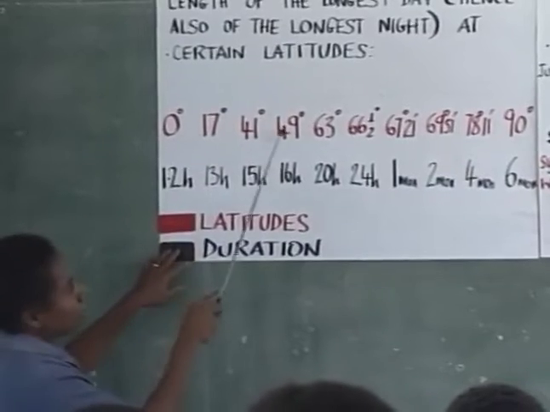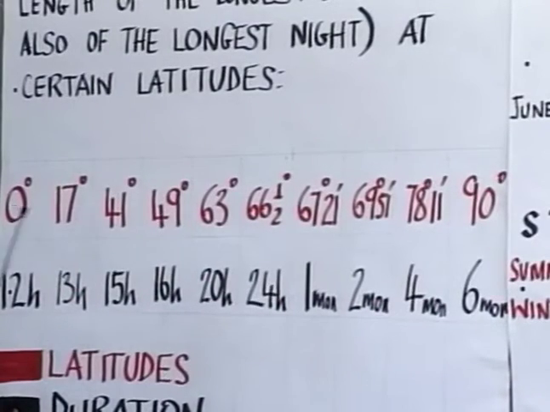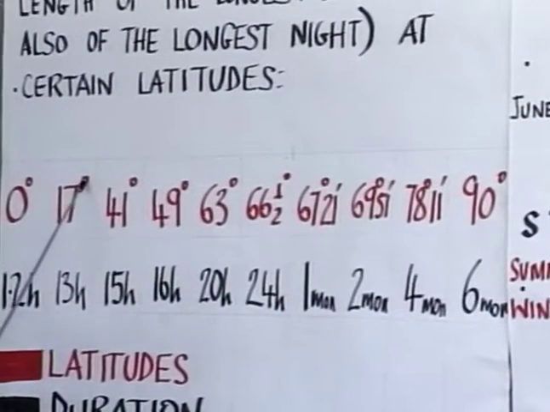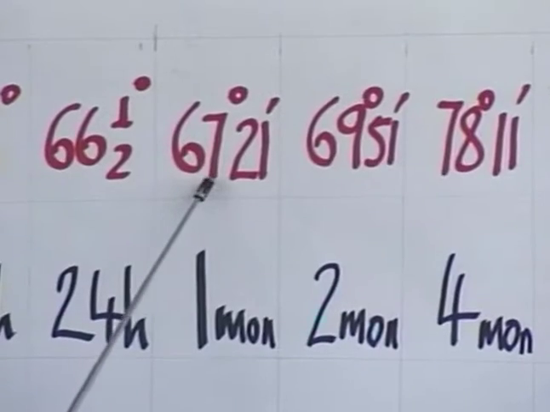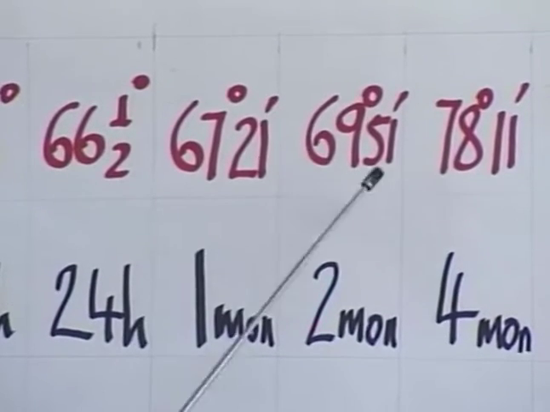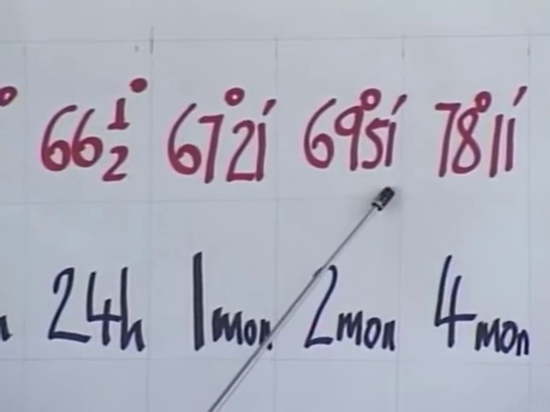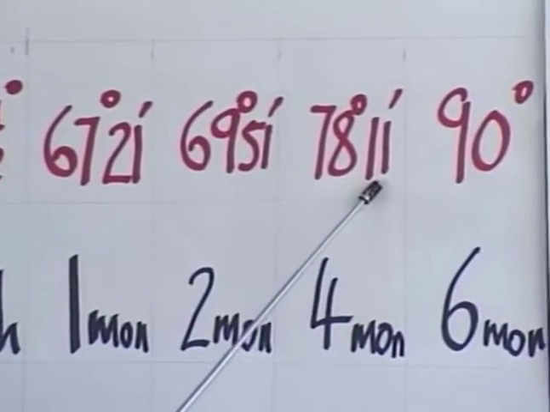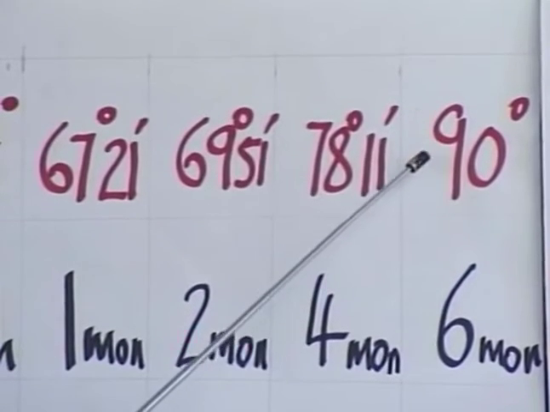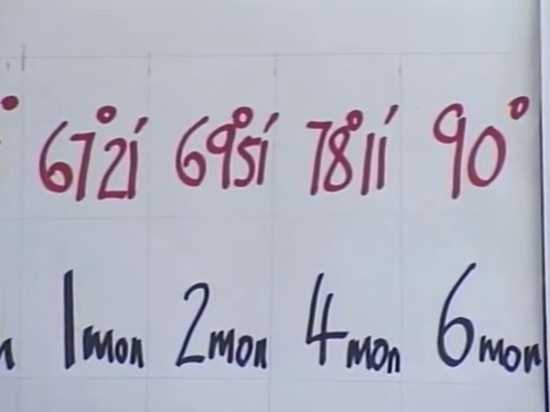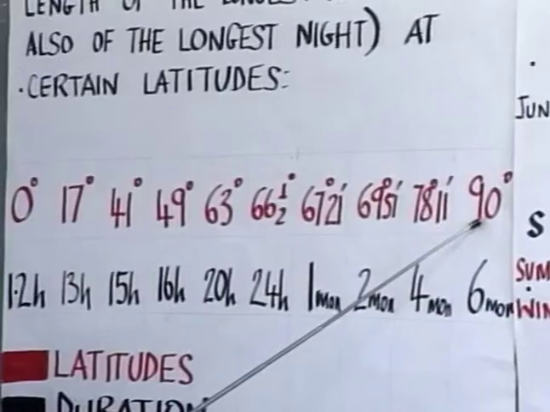But here are some selected lines of latitude: 0 at the equator, 17 degrees, 41 degrees, 49 degrees, 63 degrees, 66.5 degrees, which is the Arctic Circle or the Antarctic Circle, 67 degrees and 21 minutes, 69 degrees and 51 minutes, 78 degrees and 11 minutes, 90 degrees. 90 degrees is the highest line of latitude. There is no such thing as 91 degrees because the furthest point to the north or to the south is 90 degrees.